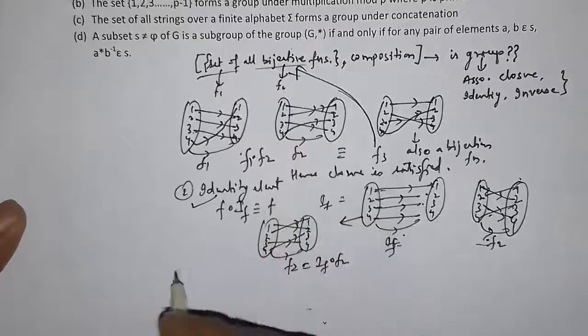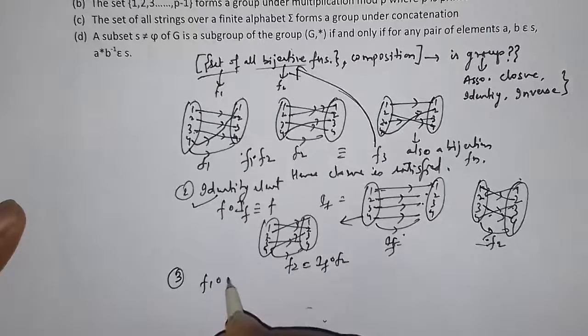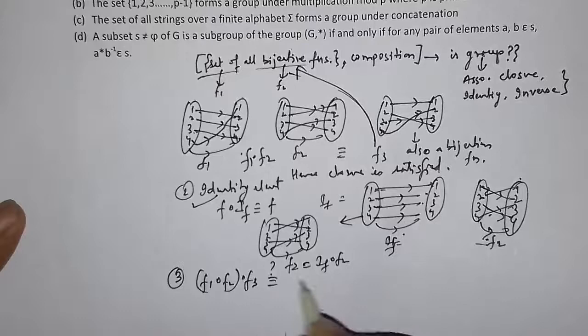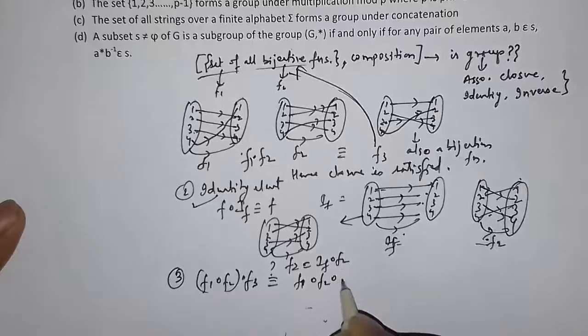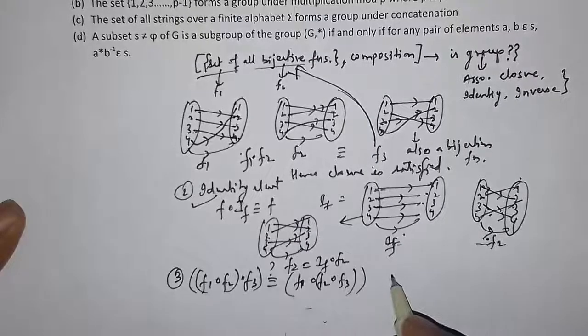Now we will check whether associative is satisfied or not. For associative, f1 composed with f2 composed with f3 is equal to f1 composed with f2 composed with f3. If LHS is equal to RHS, then associative will be satisfied.